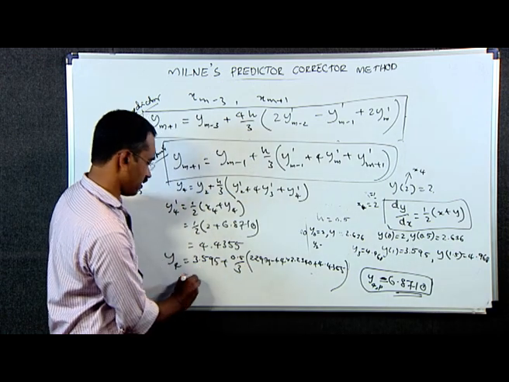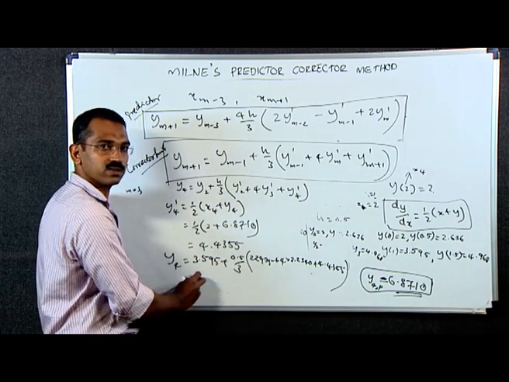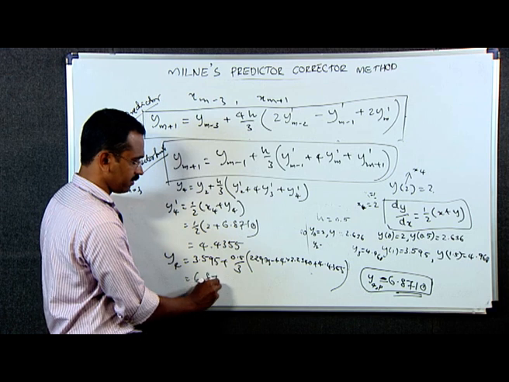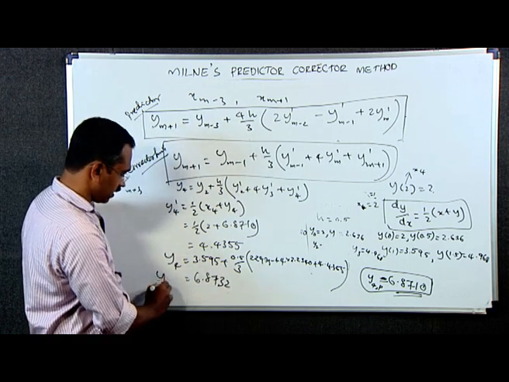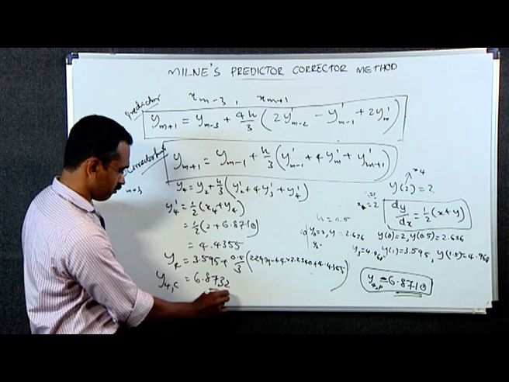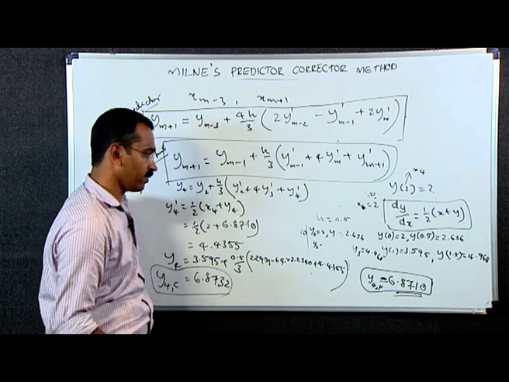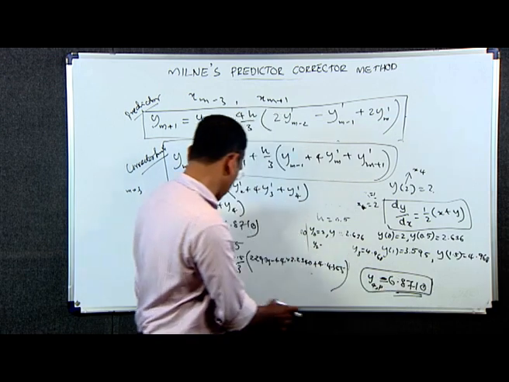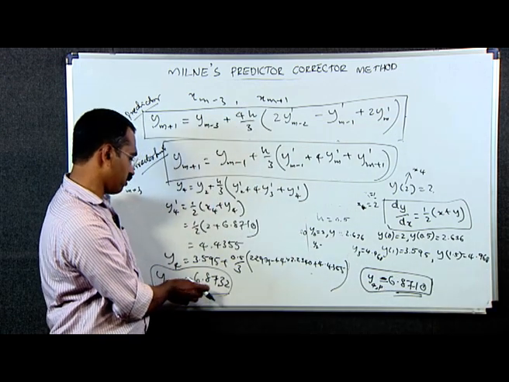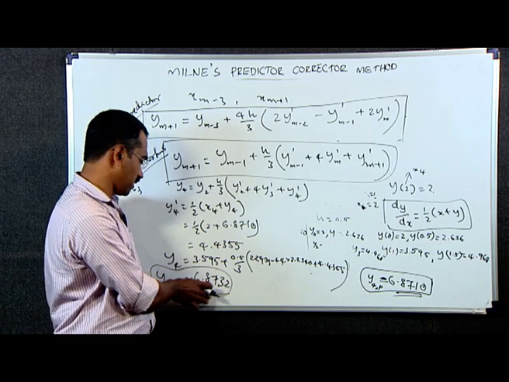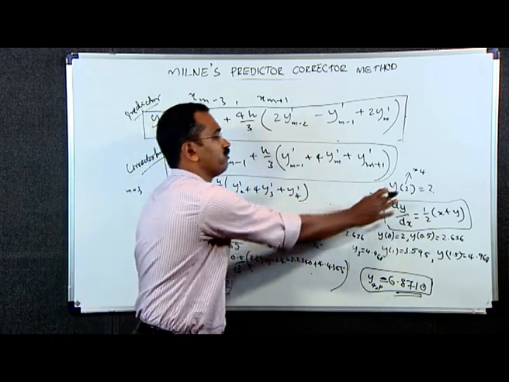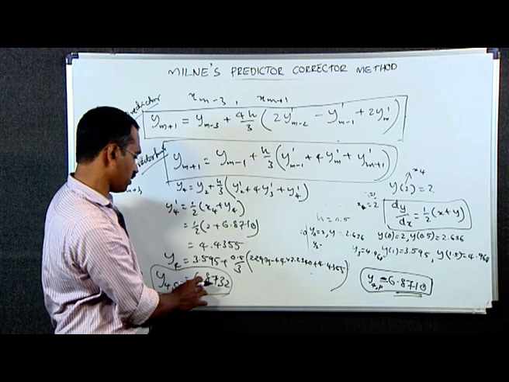On simplification, we get 6.8732. This is the corrected value of y4, so we use the notation y4c. The predicted value is 6.8710 and the corrected value of y4 is 6.8732. This is taken as the required value of y of 2.